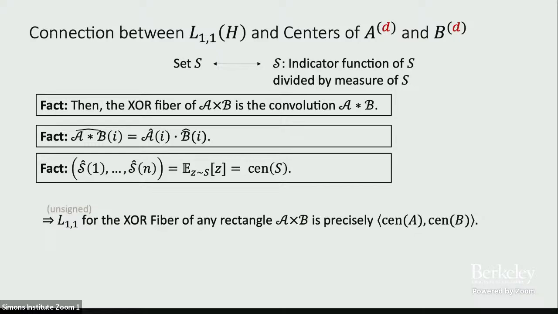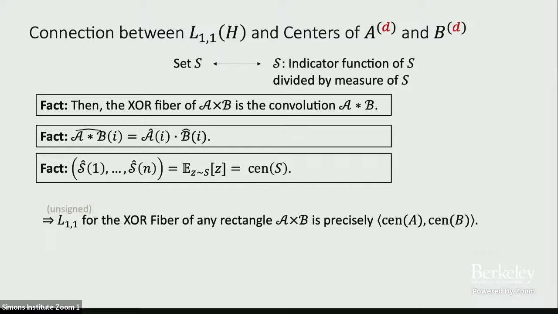Finally, if you take a set and write down the level 1 Fourier coefficients as a vector, this is exactly capturing the center of the set. This is also a very simple fact. You can write down the Fourier coefficients, and the level 1 coefficients are captured by the center of the set.